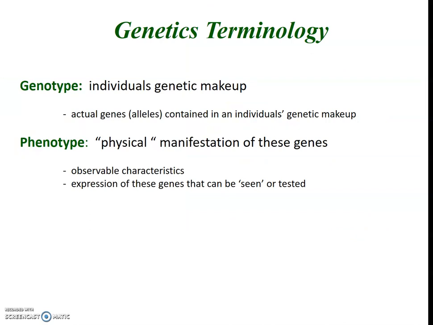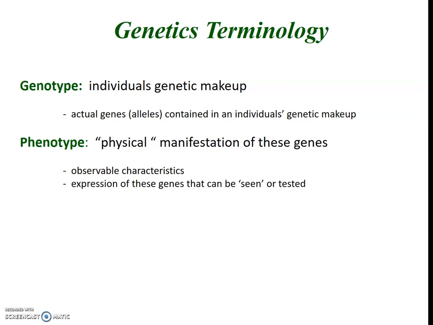So we want to make sure that we're differentiating between genotype and phenotype. Genotype, again, is the makeup of all the genes for a particular individual, and we've talked repeatedly about the fact that any cell in your body is going to have the same genotype as another cell in your body.